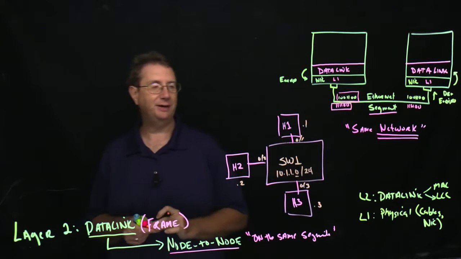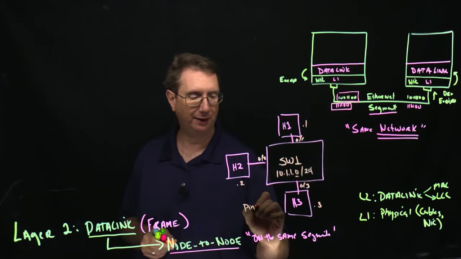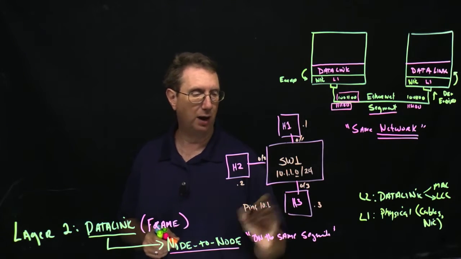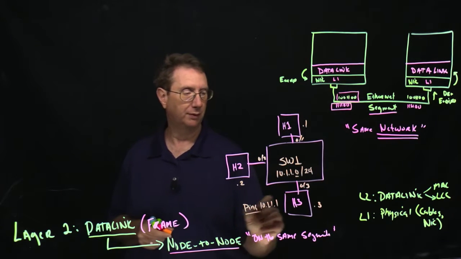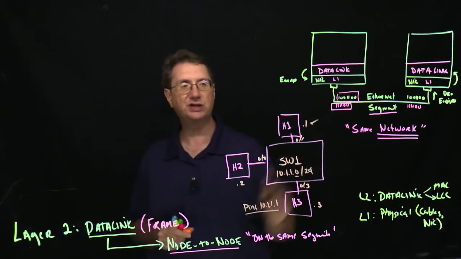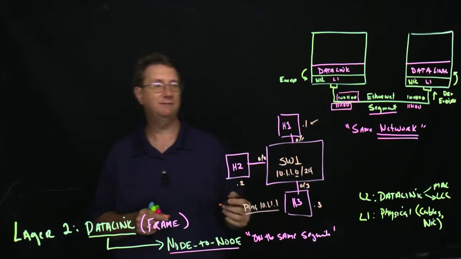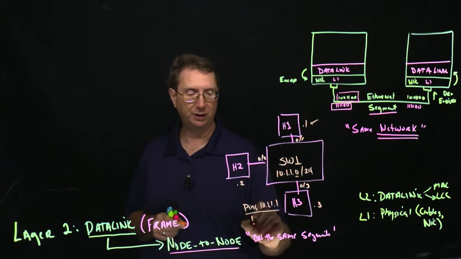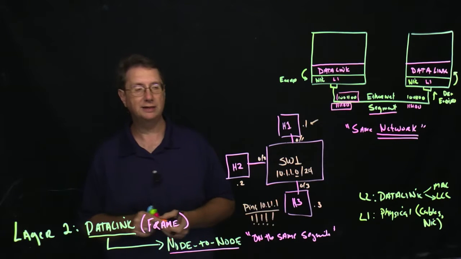So what will end up happening here is that if I come into host 3 and I type ping 10.1.1.1, which is this guy right here, what I want to be able to do is I want to be able to send the communication from host 3 to host 1, and I want to be able to receive my replies. So ultimately I want to see 5 successful ICMP echo replies.